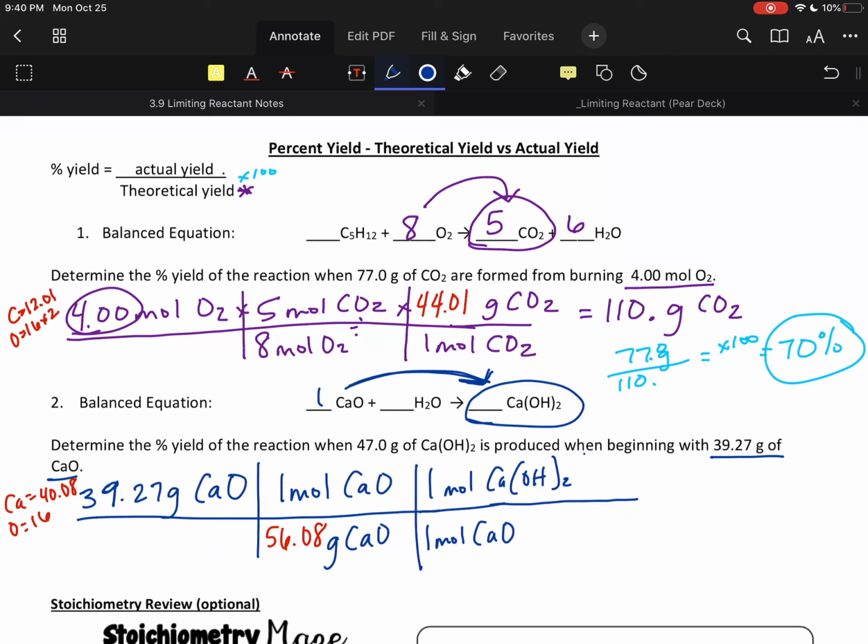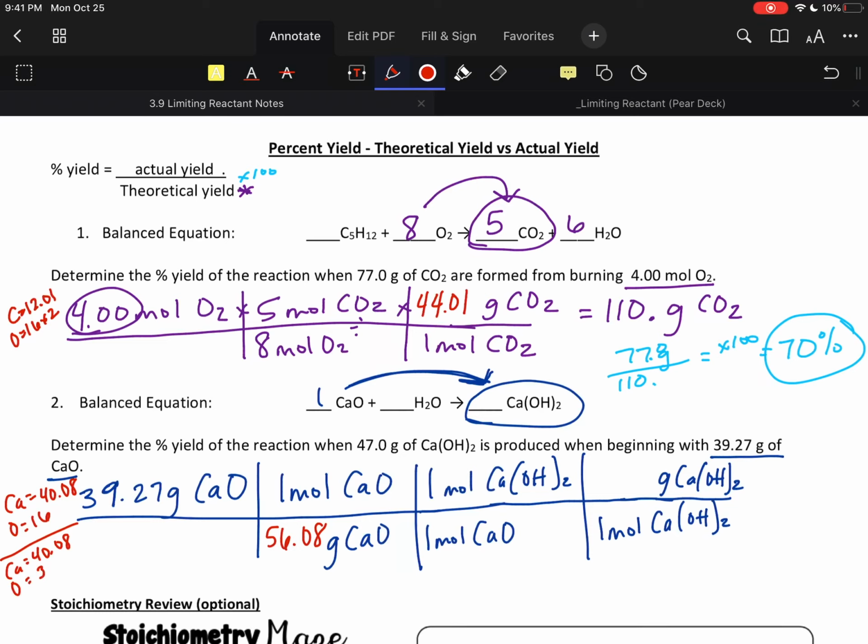And remember, my lab data is in grams. I have to keep going. I have to convert into grams. How can I go from moles to grams? Periodic table, molar mass. So let me do that down here. Put a line there. So calcium, 40.08.